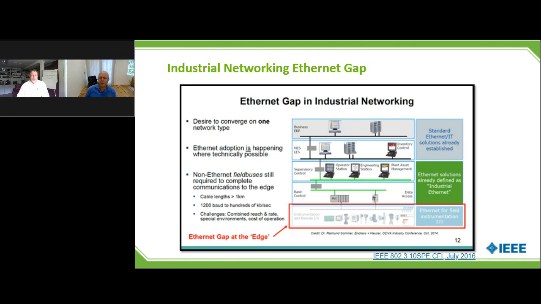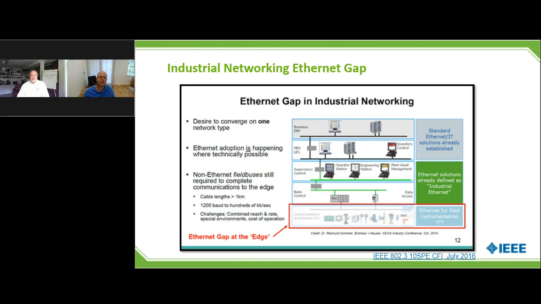So, George, there's an interesting question I see here. Is 802.3CG half duplex? A nice techie question for you. Oh yeah, somebody's been doing their homework. 802.3CG has within it two physical layer devices.